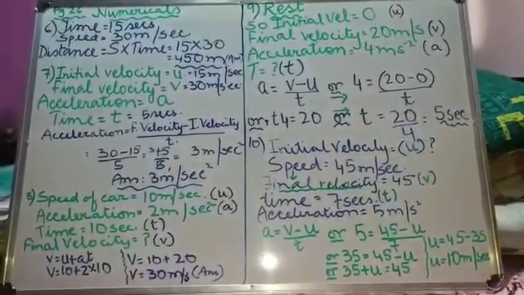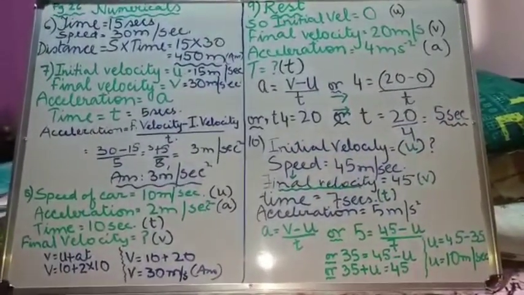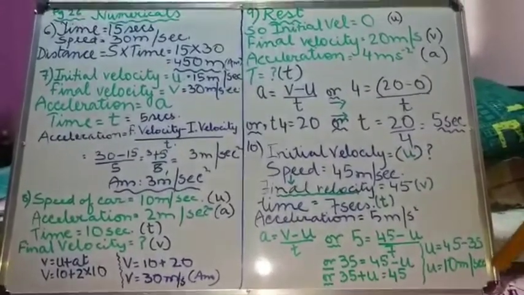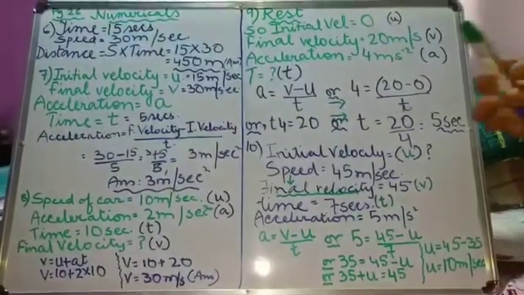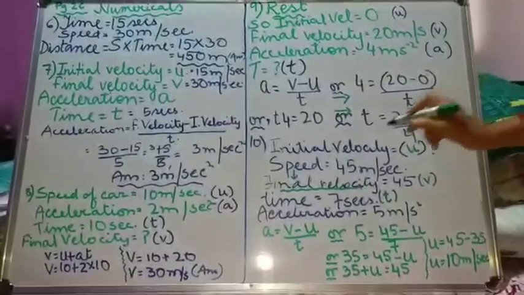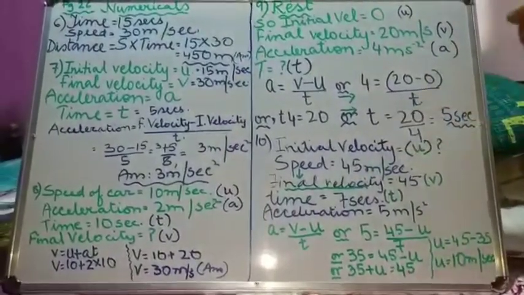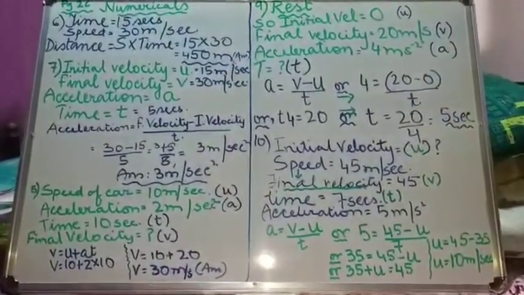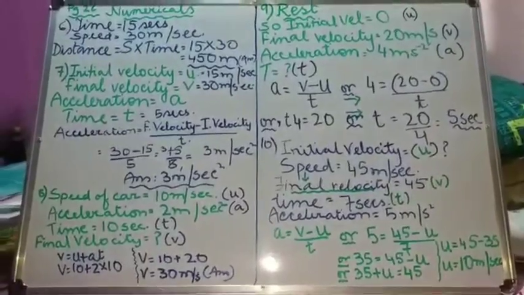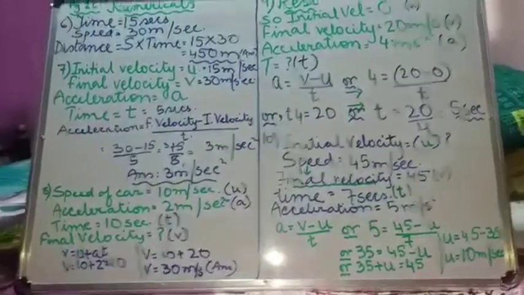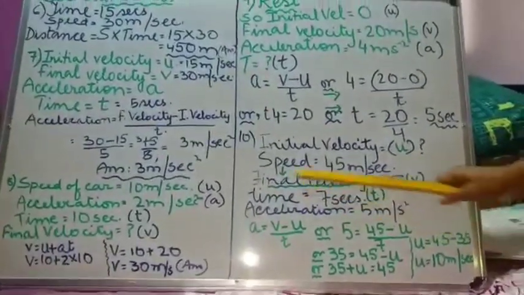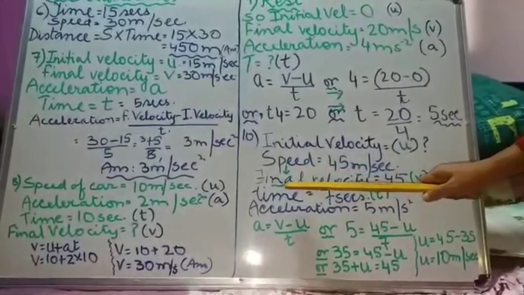Number 10. Calculate the initial velocity of a body. Now you will have to calculate the initial velocity, that is u. That is not given. A body is traveling at the speed of 45 meter per second. So speed is the final velocity.